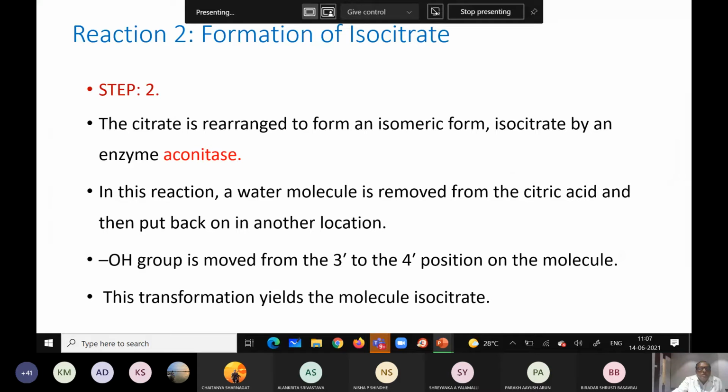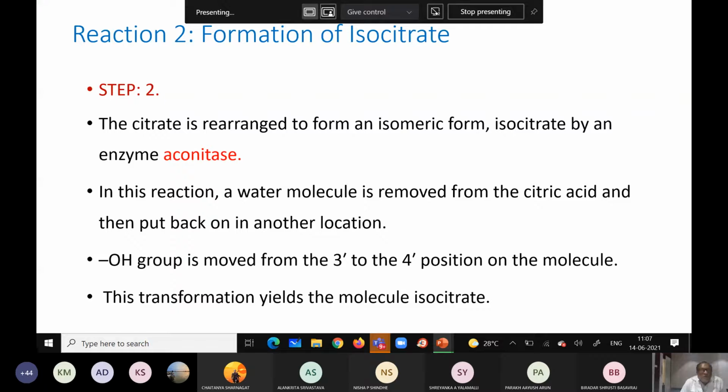In the second reaction, citrate is rearranged into an isomeric form by the enzyme aconitase. Aconitase has a dual role: it regulates the synthesis of protein and also controls the level of iron in the body.